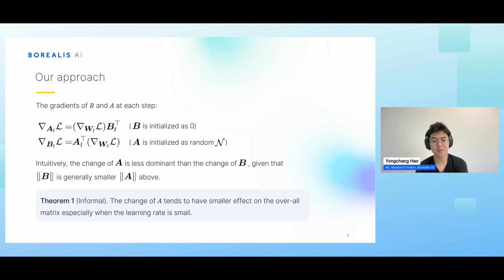So if you look at this form, you will find that the change of A is less dominant than the change of B, given that the norm of B is generally smaller than A, because B is initialized as 0 usually, and A is initialized as a random matrix. So in our paper, we have the following theorem, which basically states that the change of A tends to have a smaller effect on the overall matrix, especially when the learning rate is small.